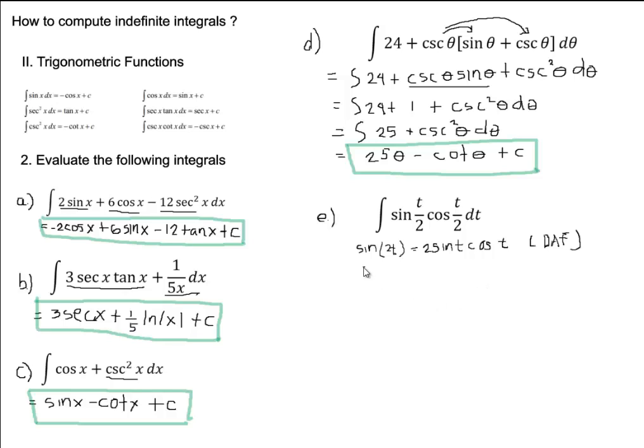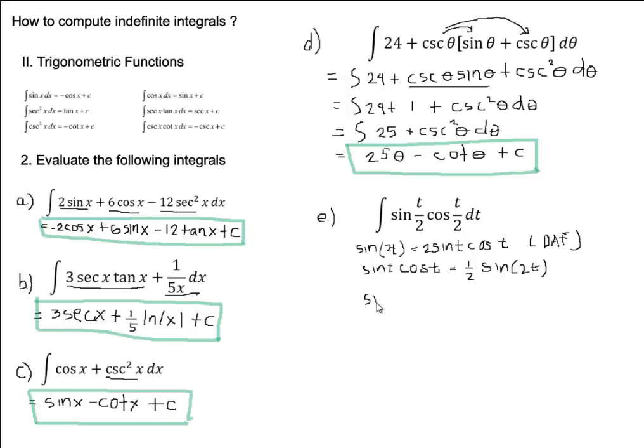Therefore, sine t cosine t is equivalent to 1/2 sine 2t. We need to replace all t with t over 2.